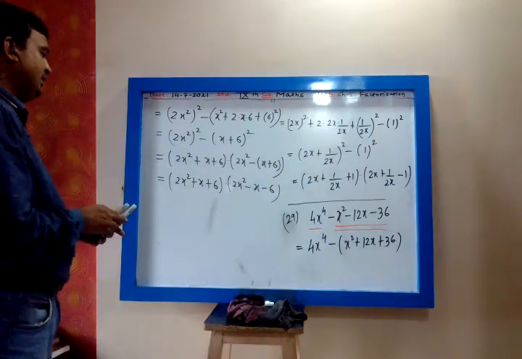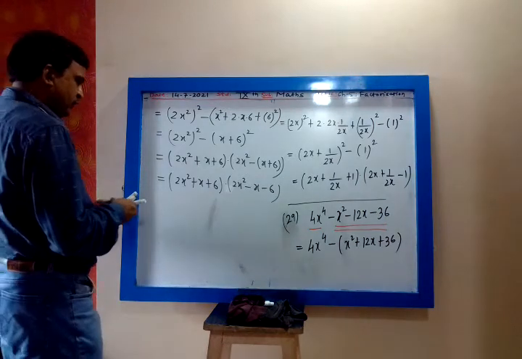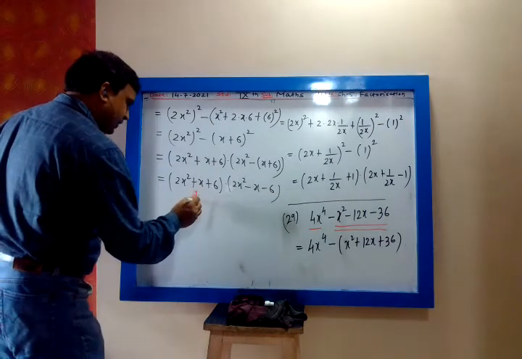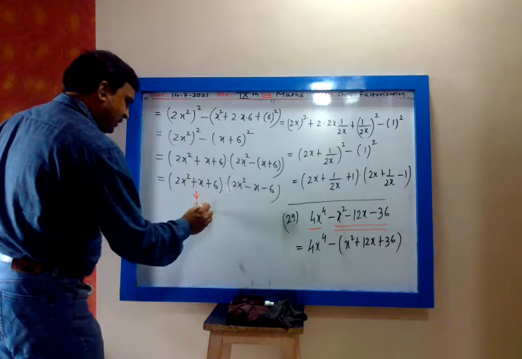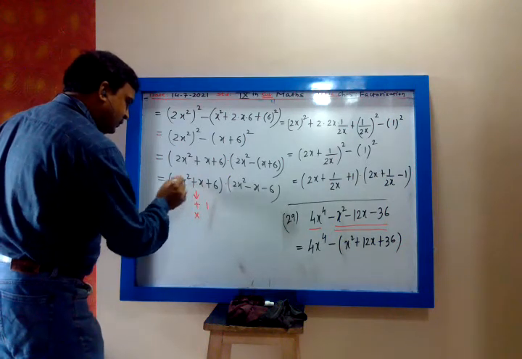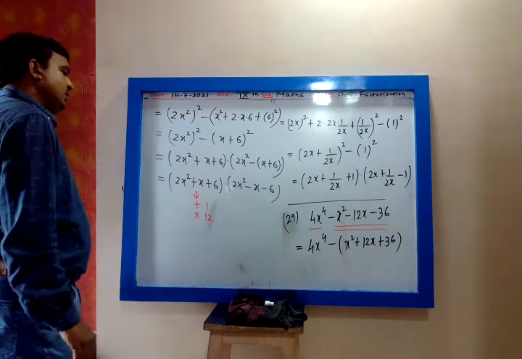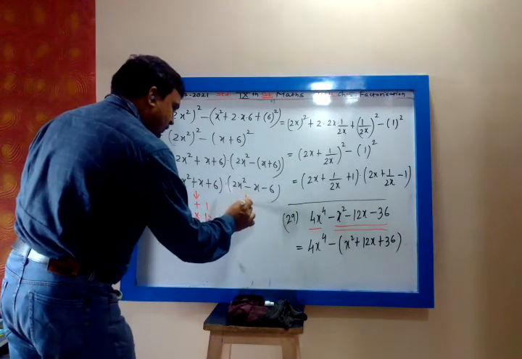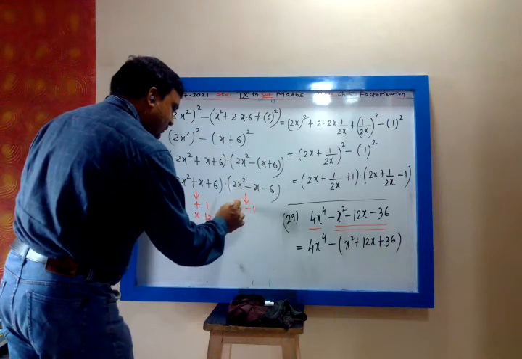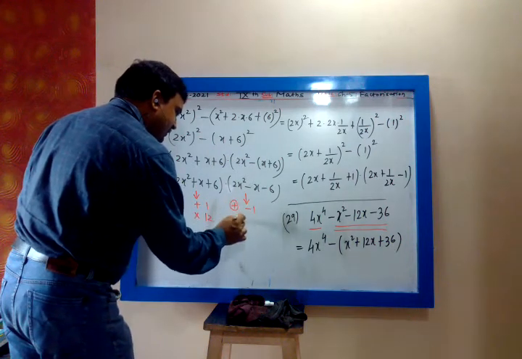Now you tell me, find two numbers whose sum is 1 and product is 12. Find two numbers whose sum is minus 1 and product is minus 12.